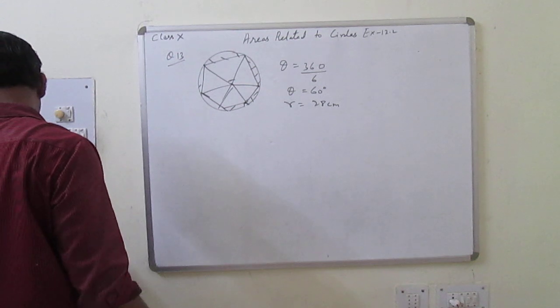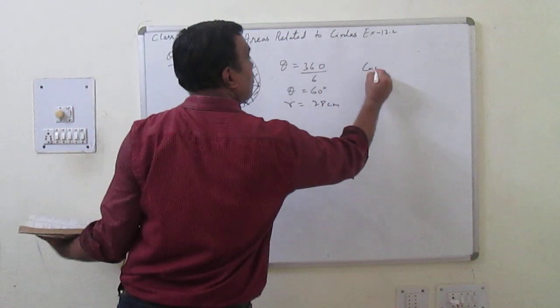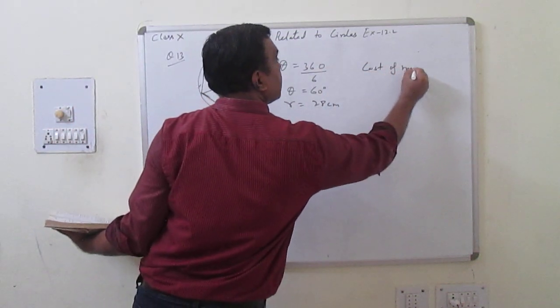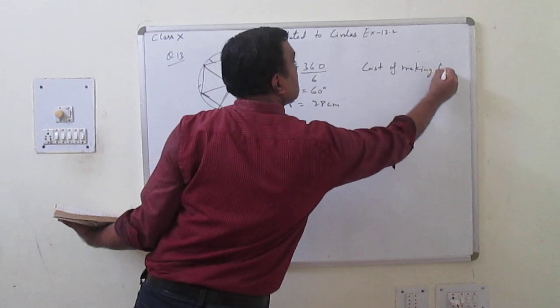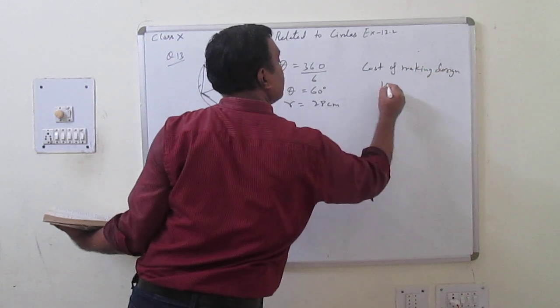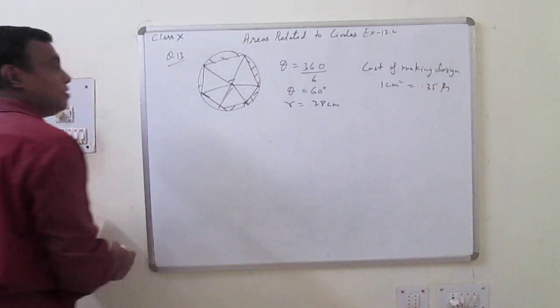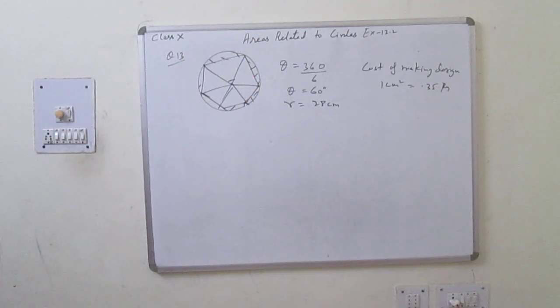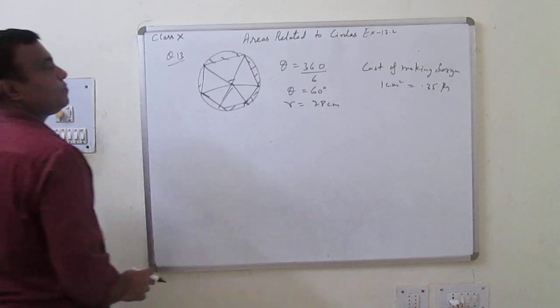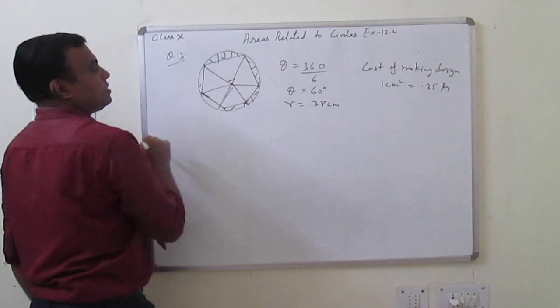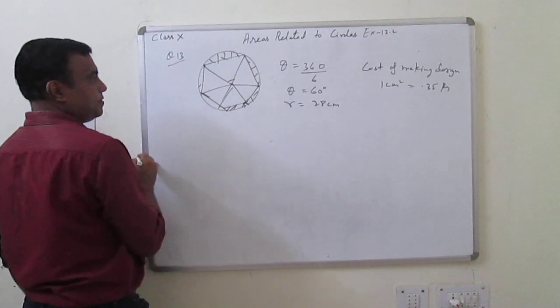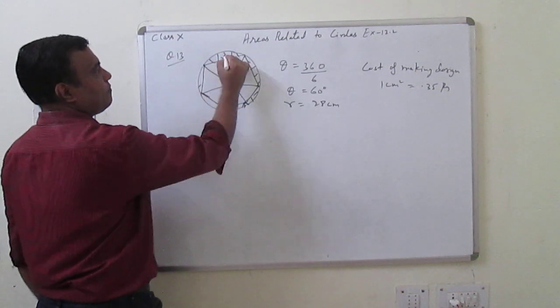Cost of making design, 1 centimeter square costs rupees 0.35. So area of one design is equal to area of segment. See here, this is one design.